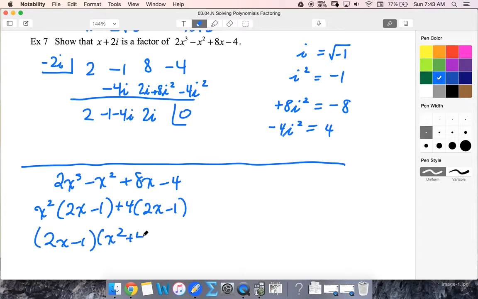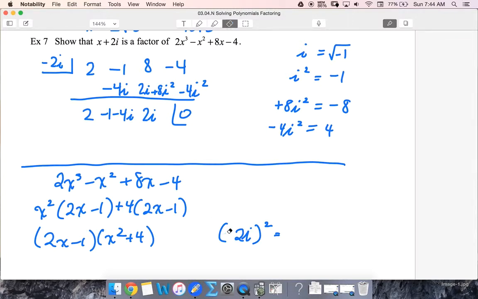x squared plus 4. Well, when I said that a sum of squares doesn't factor, it doesn't factor and give me real terms, but I could think of 4 as being negative 2i squared. So let's think about that. Sorry, I don't even need negative 2 squared, no, not negative, but I will need a minus in there later.